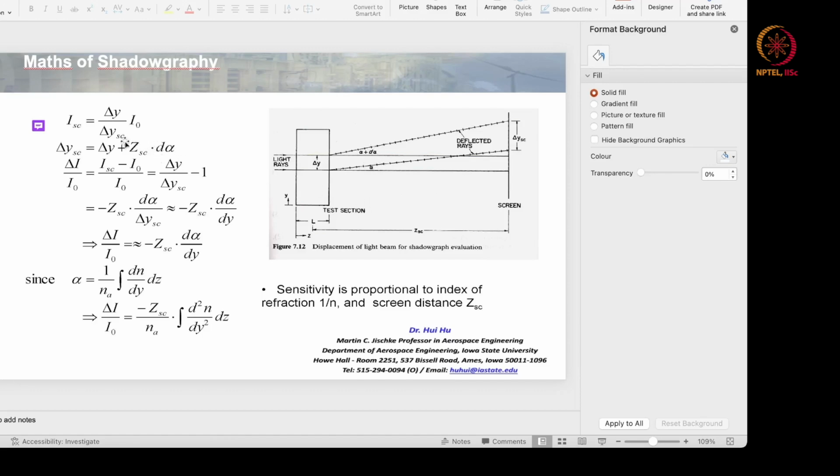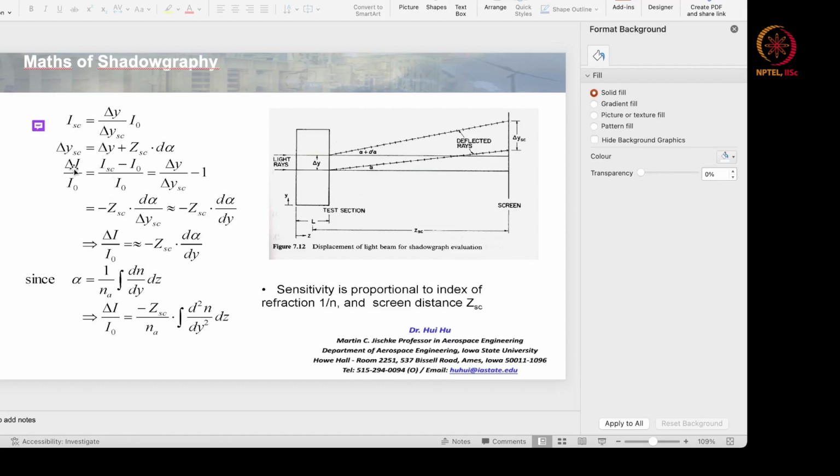This would be the additional length that is actually illuminated on the screen because of the presence of the test object, right? So this is what you get, where ZSC is measured from the center of the test section all the way up to the screen.